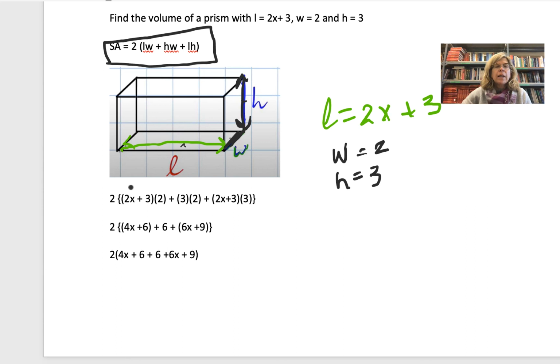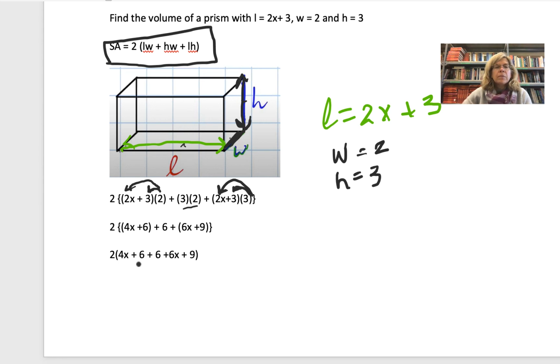So then I used the distributive property, and I distributed everything out. I apologize, I didn't put the number in the front. I put it in the back because I followed the order of the equation. But in any case, it works out to be 4x plus 6 plus 6, this is 6 here, plus 6x plus 9.